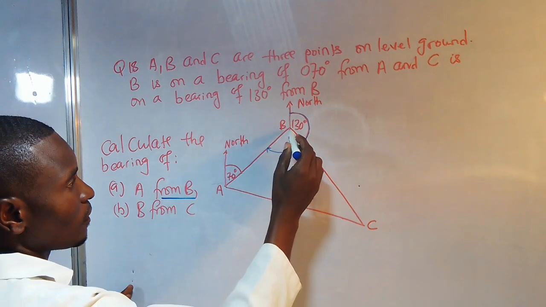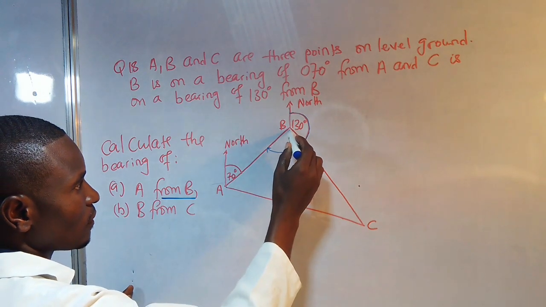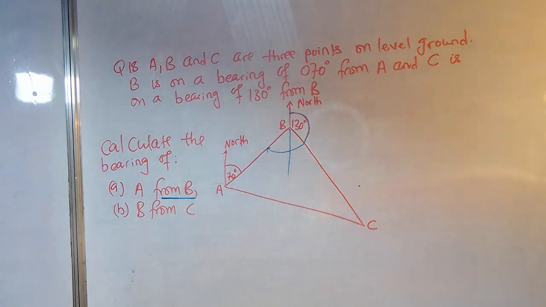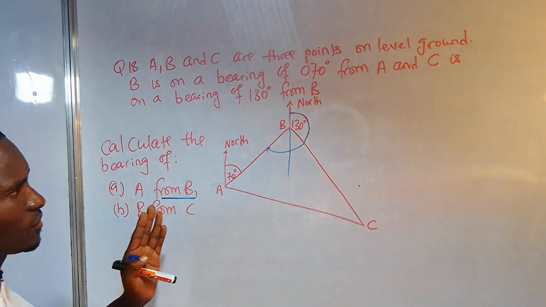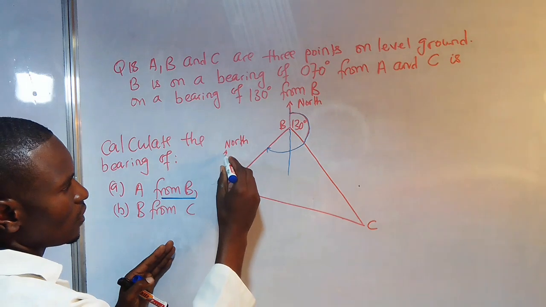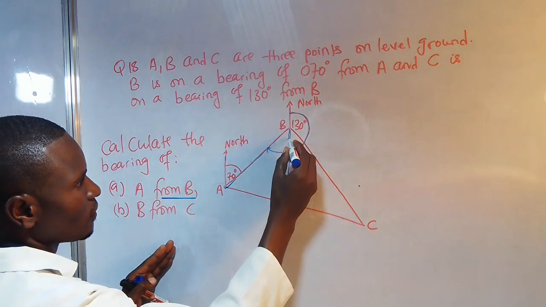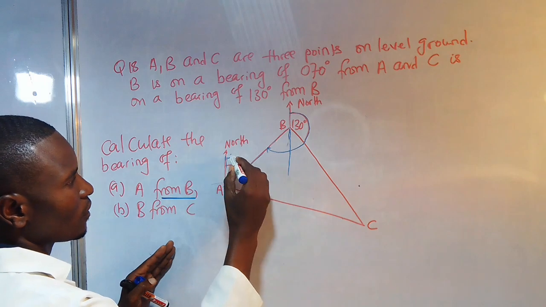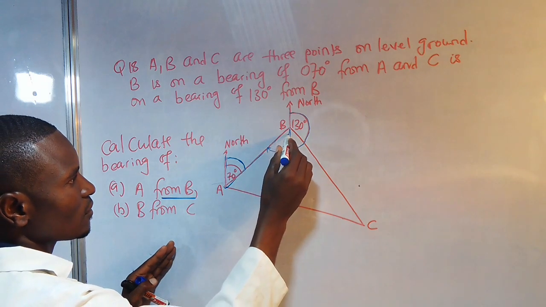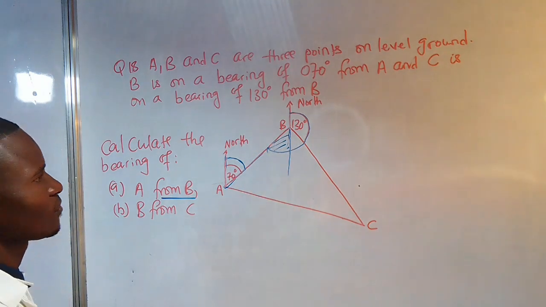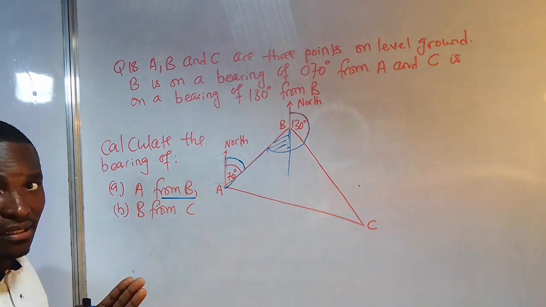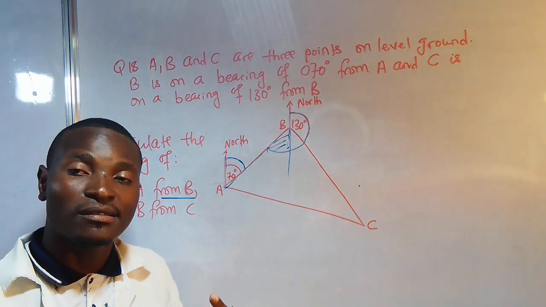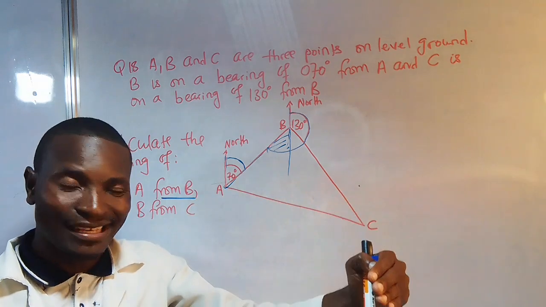Now this makes a Z, meaning this angle there is the same as this angle there. We know that angles on a straight line add up to 180.